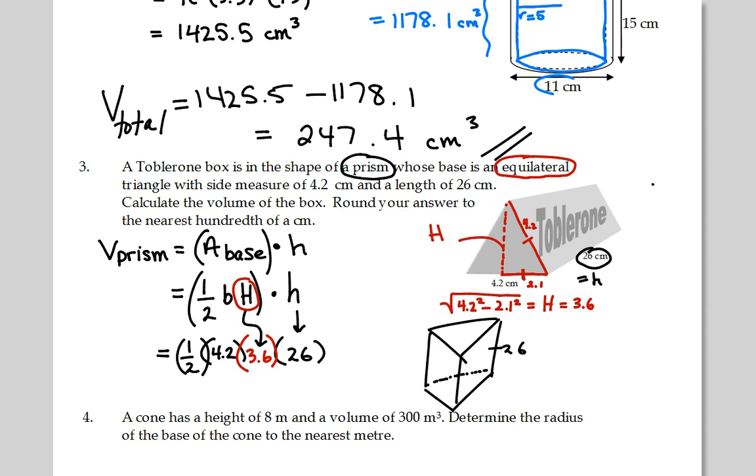Final answer of 198.6 centimeters cubed. My calculator said 596 in the decimals. And then you can see here it says nearest hundredth, so I got to put 2 decimal places. I know it's hot, only one more to go. I'll turn the fan on for you guys, open some windows.